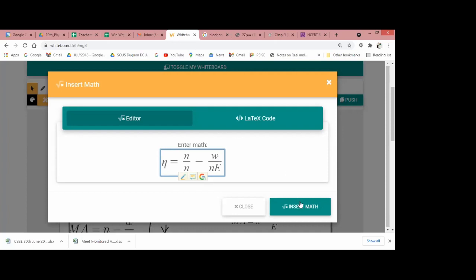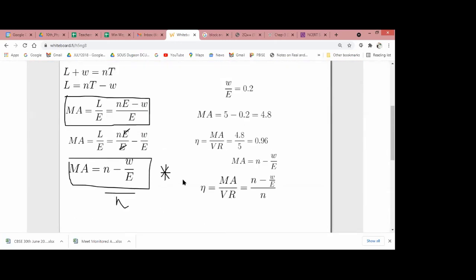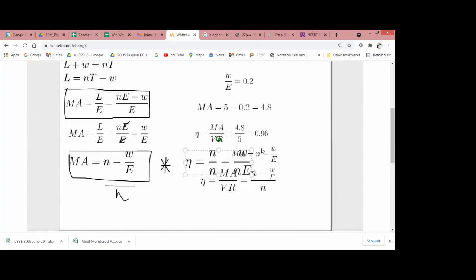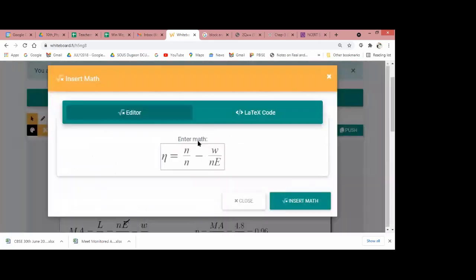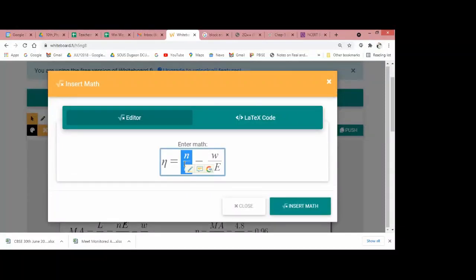N times the effort. Agreed or not? Yes, sir. So what will be the efficiency now? It is 1 minus W by NE. Correct? 1 minus W by NE.